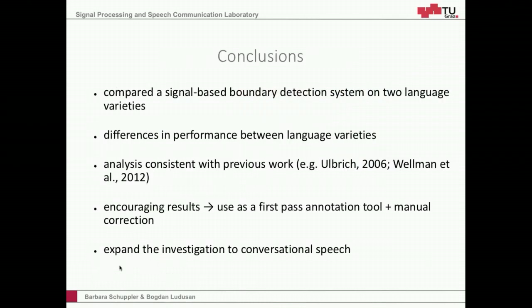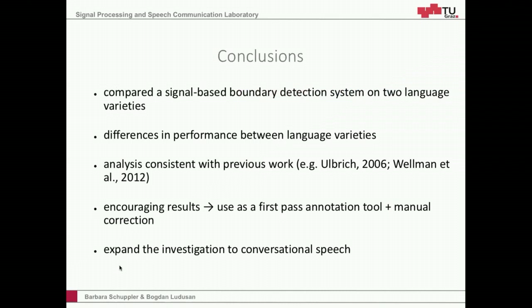So to conclude, we compared the signal-based boundary detection system on two language varieties. There were differences in performance between them, so the detector worked better for German than for Austrian German.